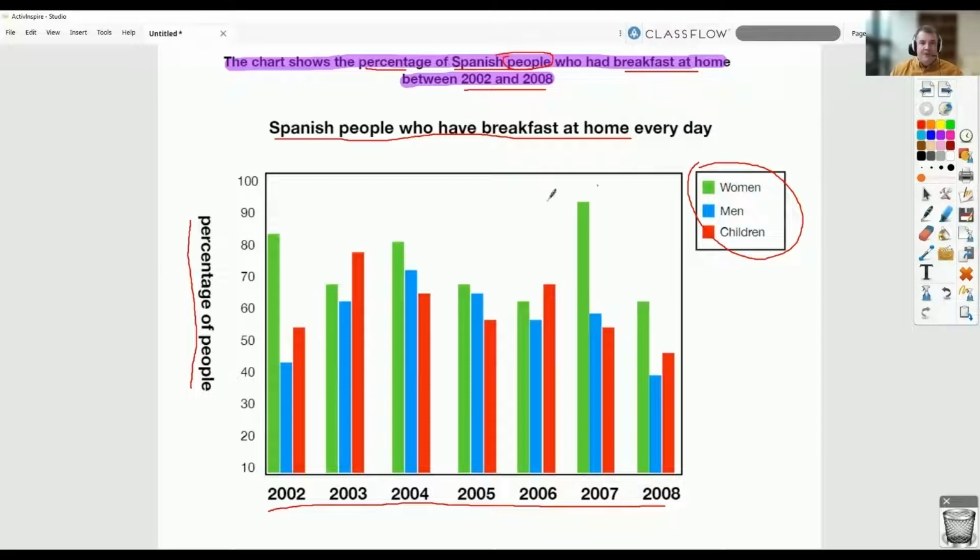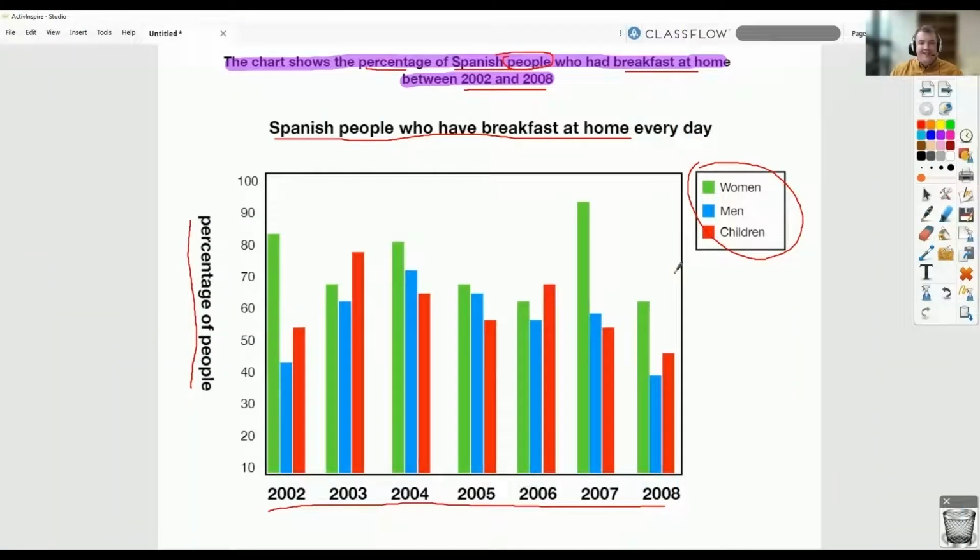So that's the first thing that you need to do. When you have a chart like this, you need to have a look around to see what kind of information is included. What is the chart about? And therefore, what will you have to write about?